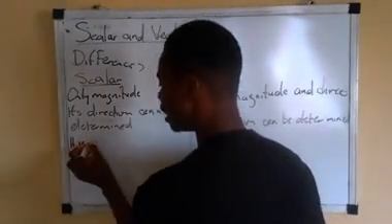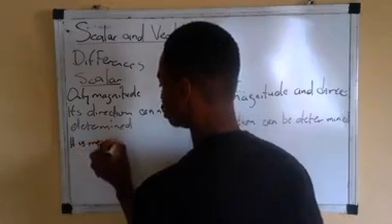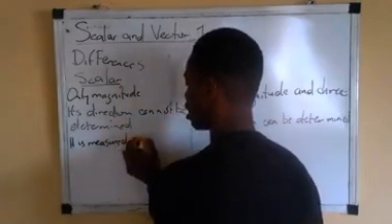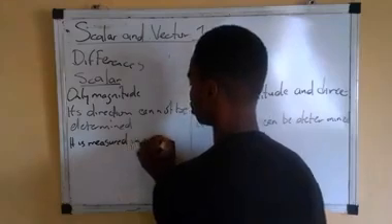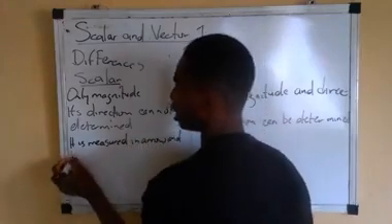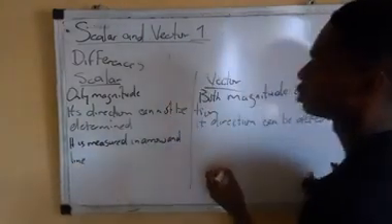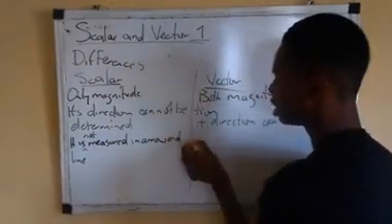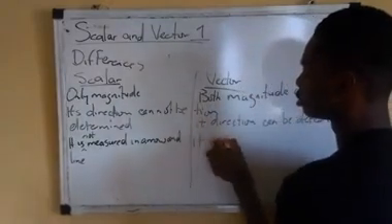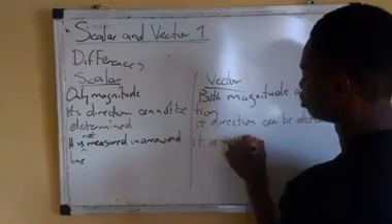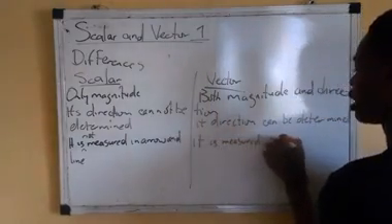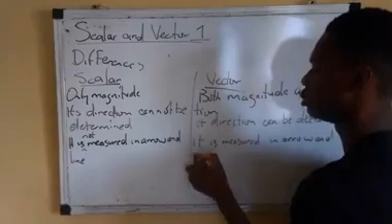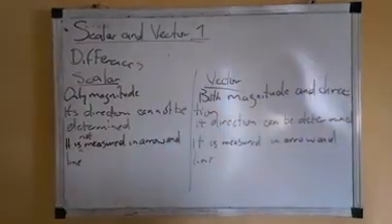Take note, it is measured in arrows and lines. Sorry, it is not. Take note: scalar cannot be measured in arrows and lines.